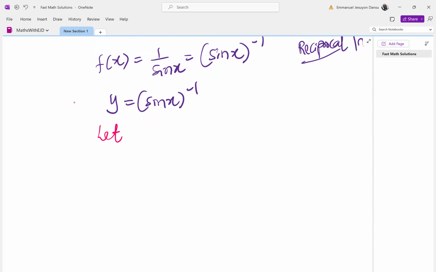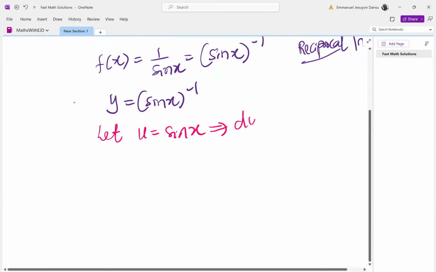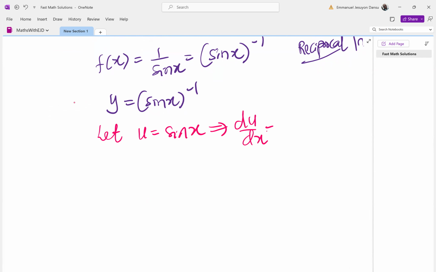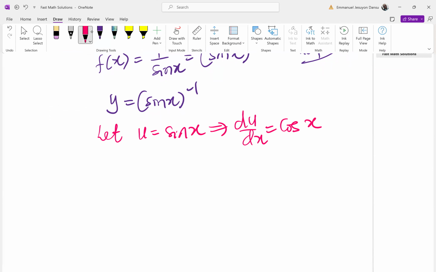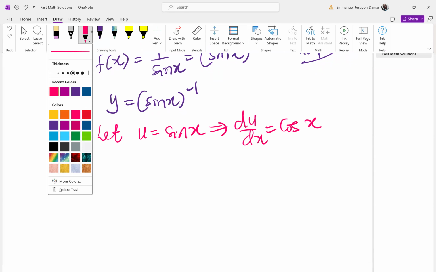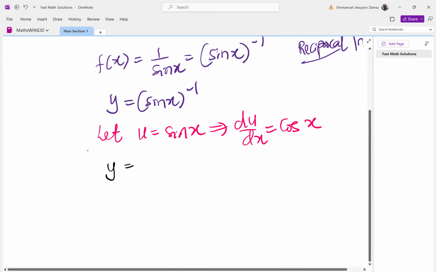Let u be equal to sine x. That simply implies that du dx is equal to cos x. Then you can go back to y and say y is equal to u raised to power minus 1.